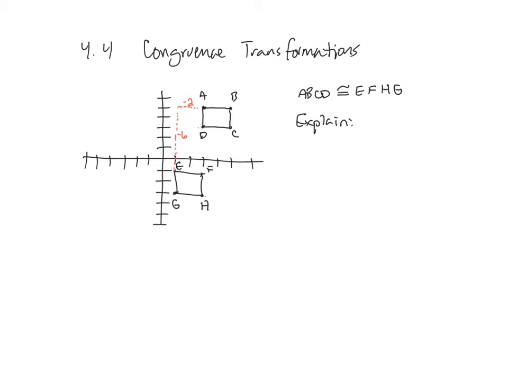So if you went from D down to G, you went down 1, 2, 3, 4, 5, 6. So your explanation would be a translation rule: -2 in the x direction, -6 in the y direction. Okay?